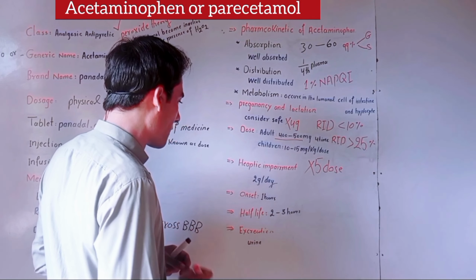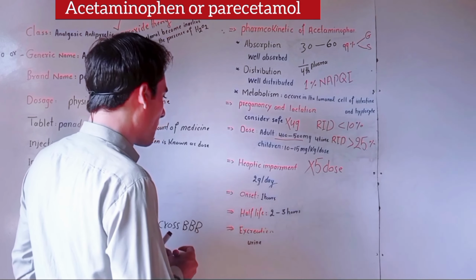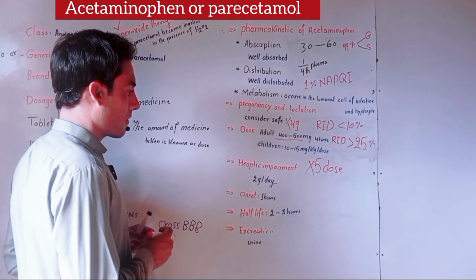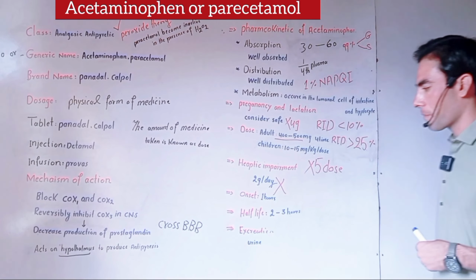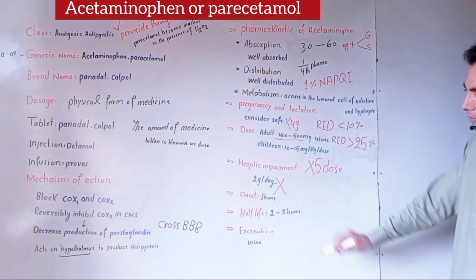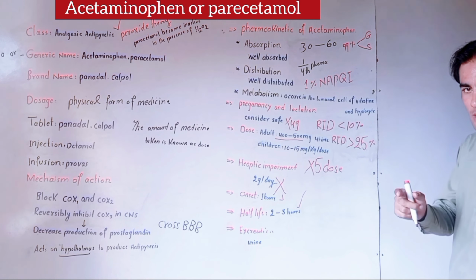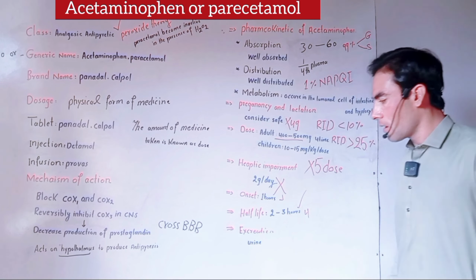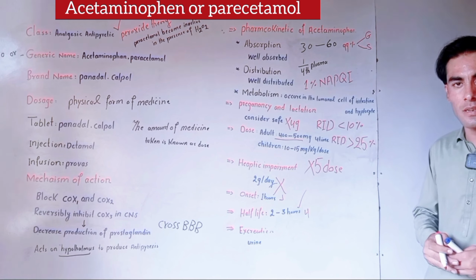In case of hepatic impairment, we should try to avoid it as much as possible. If it is used, therapy should be limited to a short time and not exceed 2 grams per day. Onset of acetaminophen is 1 hour and half-life is 2 to 3 hours. In case of hepatic or liver disease, half-life may increase to 4 hours. Excretion: acetaminophen is usually excreted in urine.